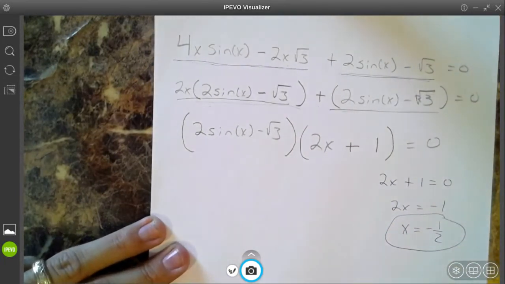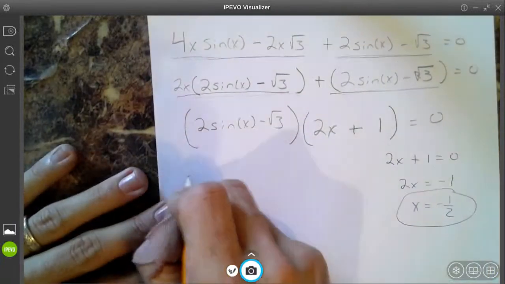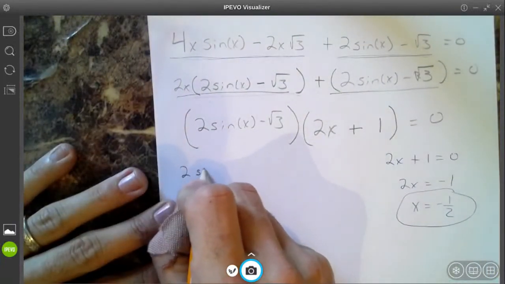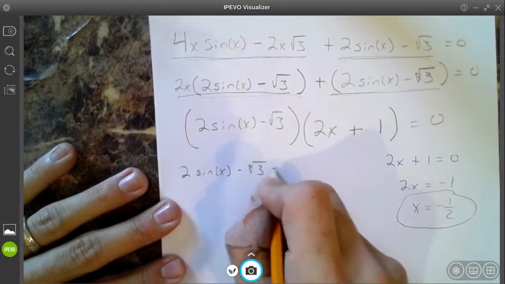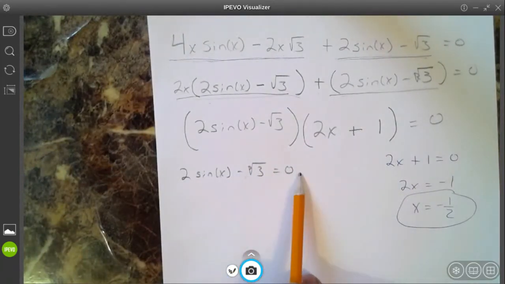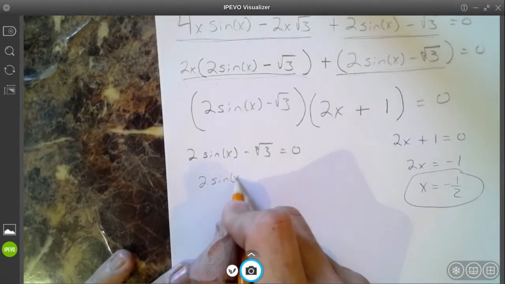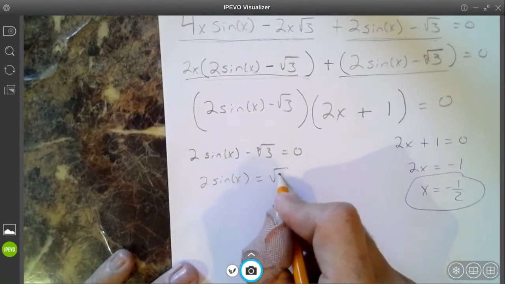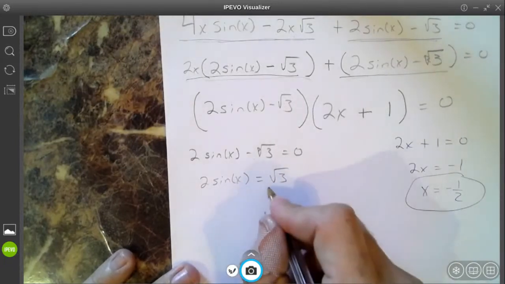The second piece, we're going to set that equal to 0. So 2 sine of x minus root 3 is equal to 0. We're going to move the root 3 over, so you get 2 sine of x is equal to root 3. And then we're going to divide by 2.